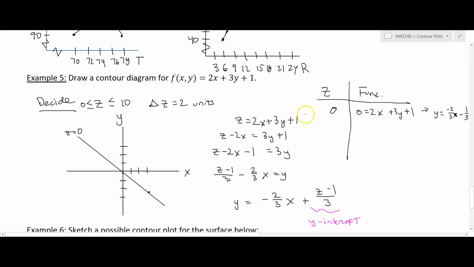So all of these different lines that we get for different contours, let me do this one in a different color. If this is for z equals 2, then I will have the function y equals negative 2/3 x plus (2 minus 1) divided by 3, which is 1/3. So this is just going to be the graph shifted up 1/3. It'll be the same graph, but it will now go through a slightly higher point.